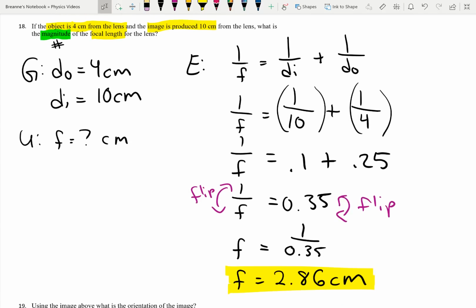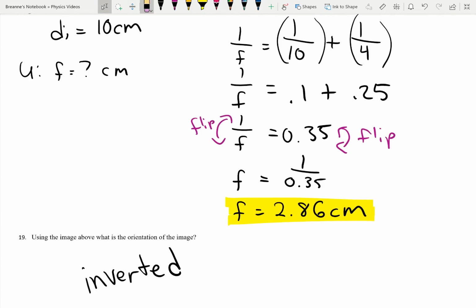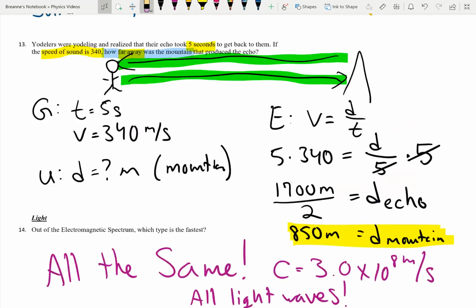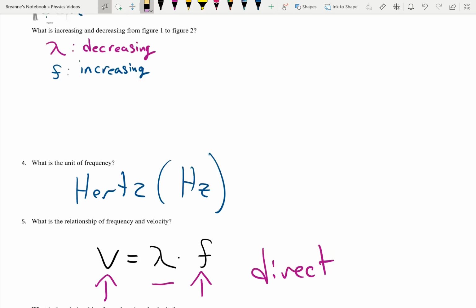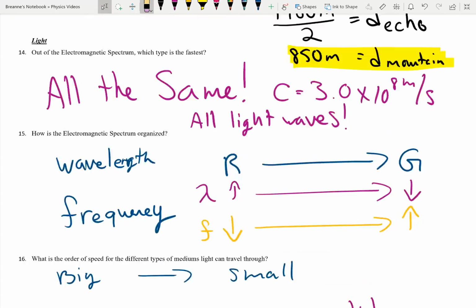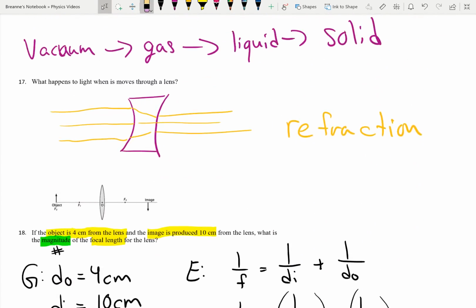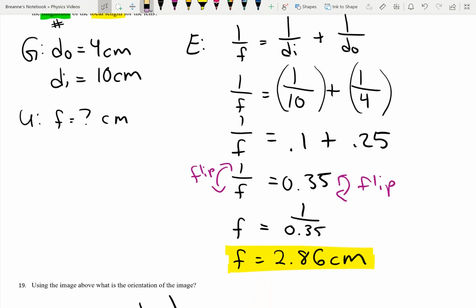Just to show you that it's okay to make mistakes, I made a mistake. Normally I'd probably stop the video and redo it so you wouldn't see my mistakes, but just to show you it's okay, I'm going to say I made a mistake. It's because the image is inverted, right? And if we go up here, if the image, nope, never mind.